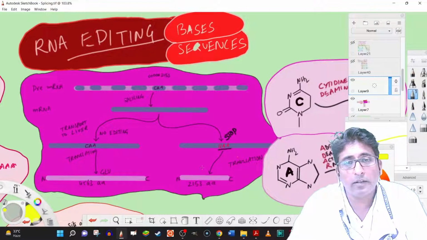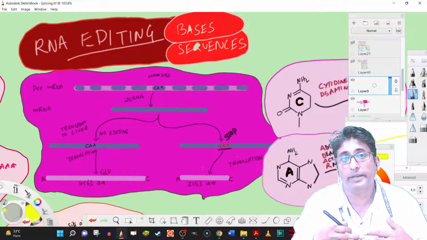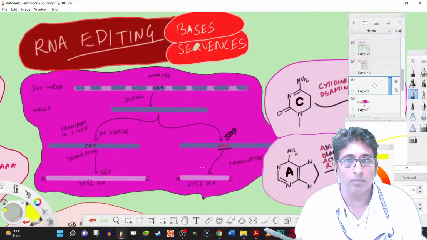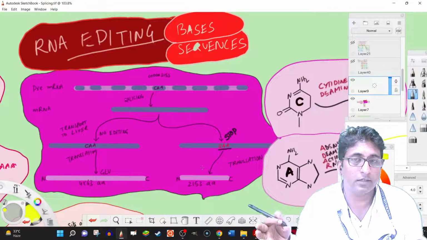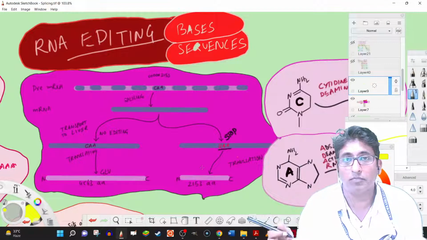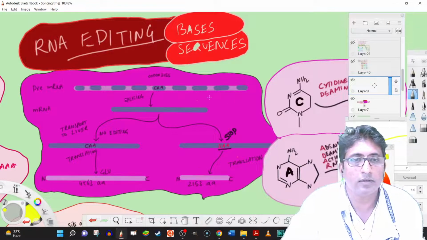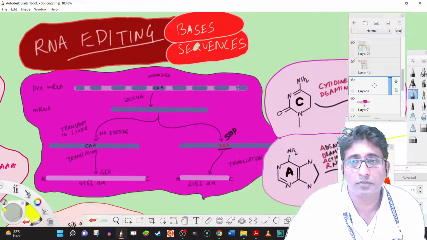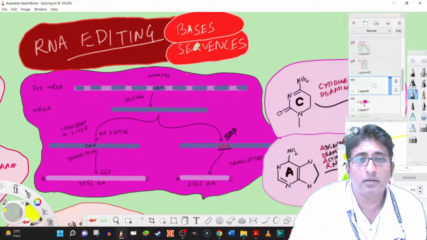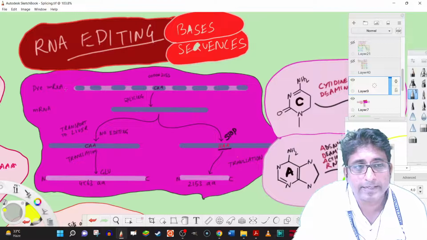There is also another way where some bases can be added into the mRNA, and there you will see an increase in the number of bases itself. For the first one, modification of the bases, here is an example.